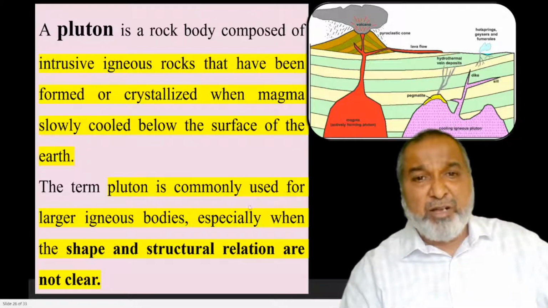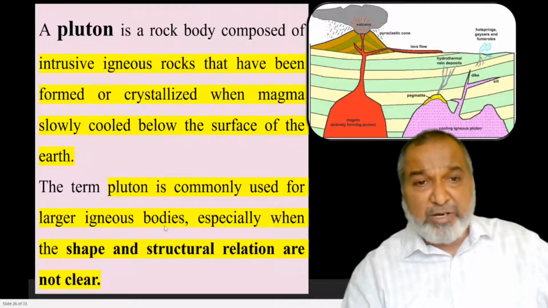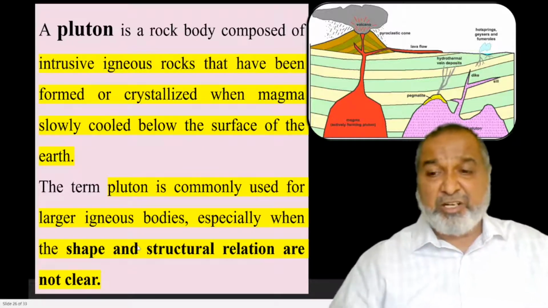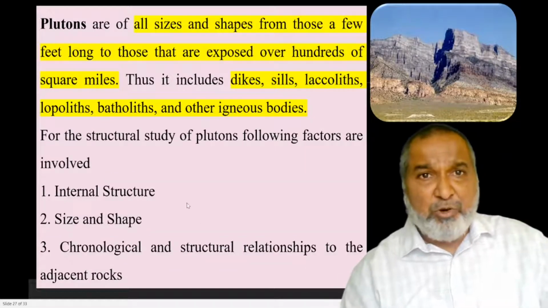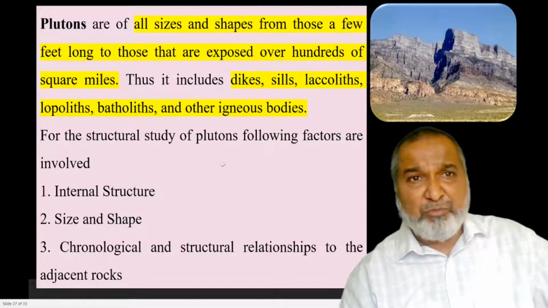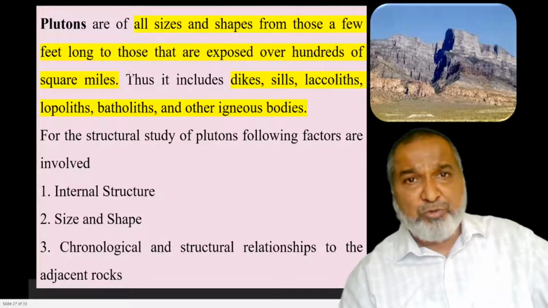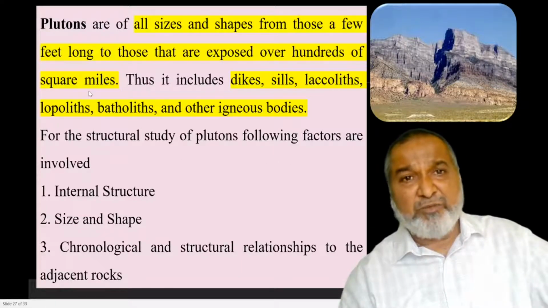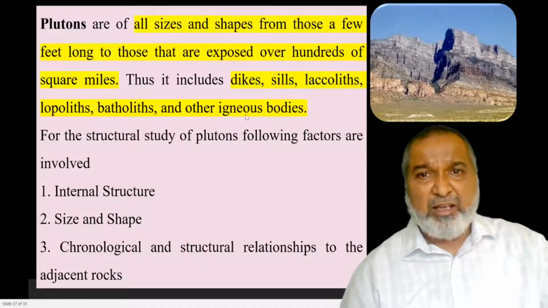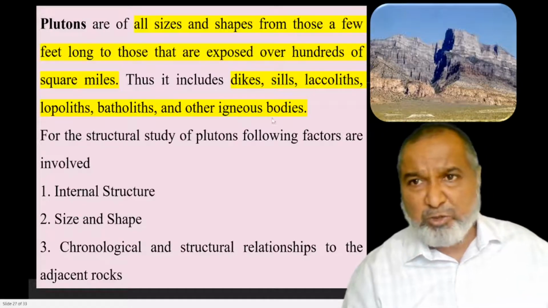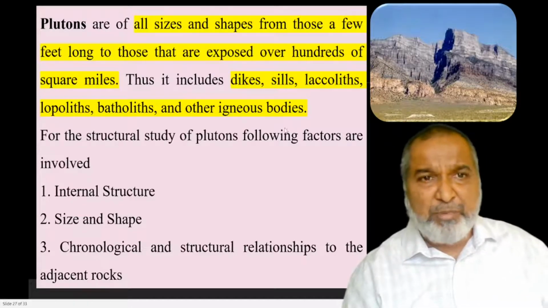Pluton is commonly used for larger igneous bodies whose shape and structure relation is not clear. Plutons come in all sizes and shapes, from a few feet long to those exposed over hundreds of square kilometers. Dike, sill, laccolith, lopolith, batholith and other bodies are included.